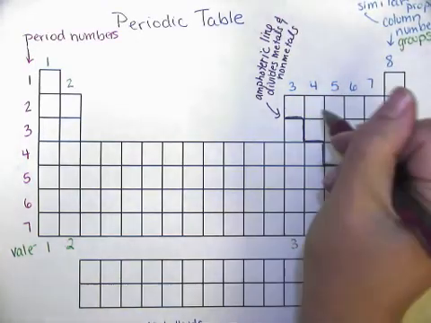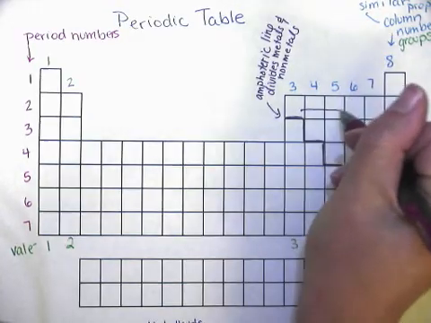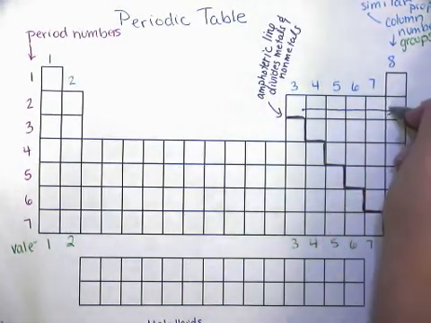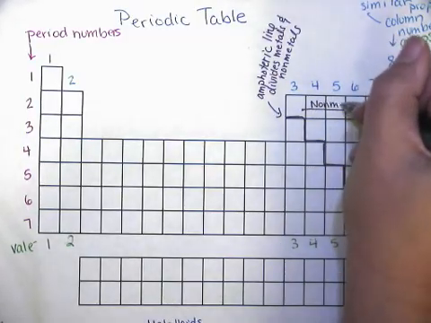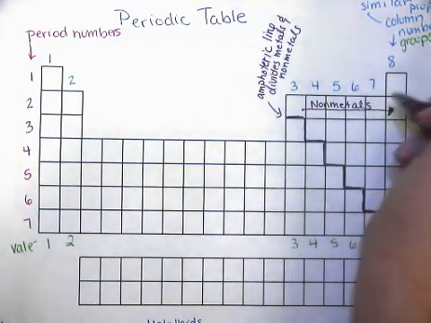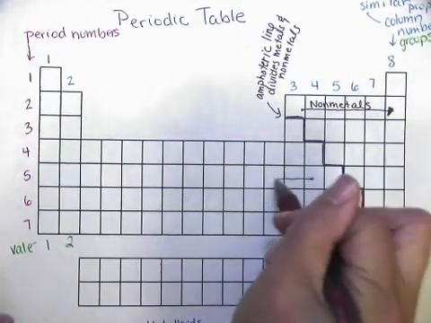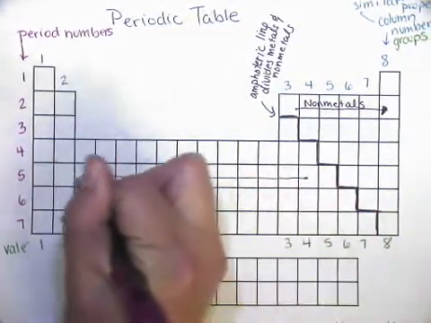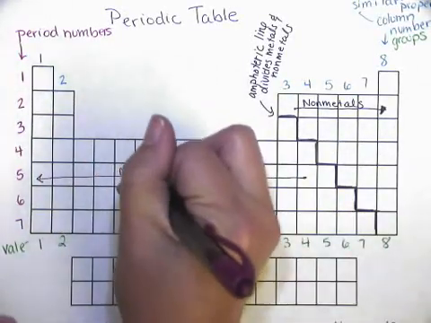To the right of this line, so here and right, we have nonmetals. And then here and all the way to the left, all the way across, are our metals.